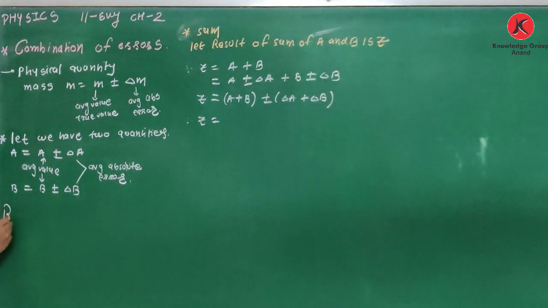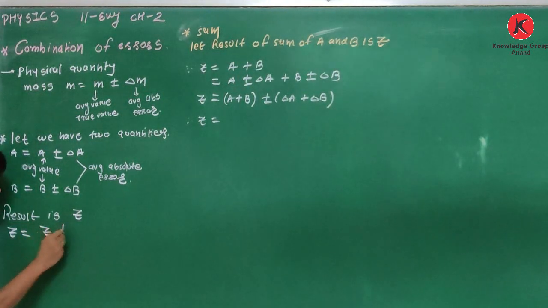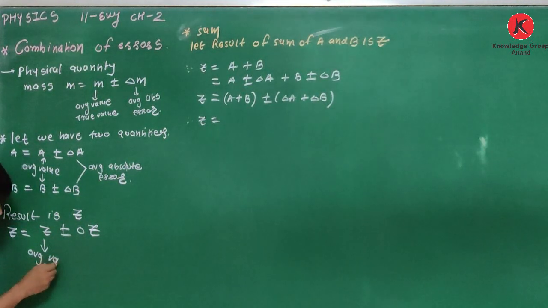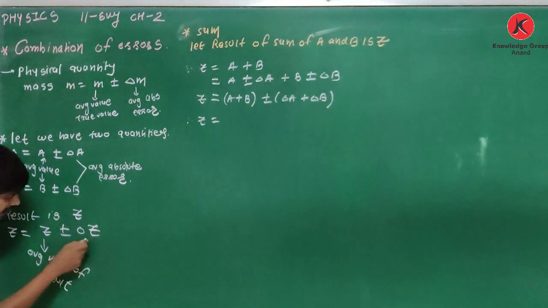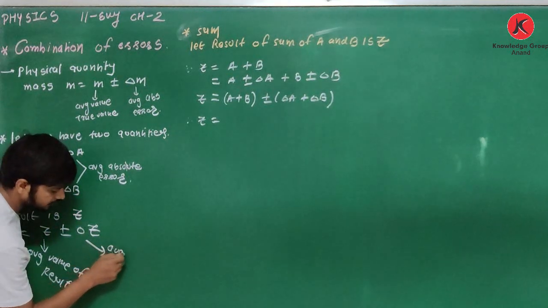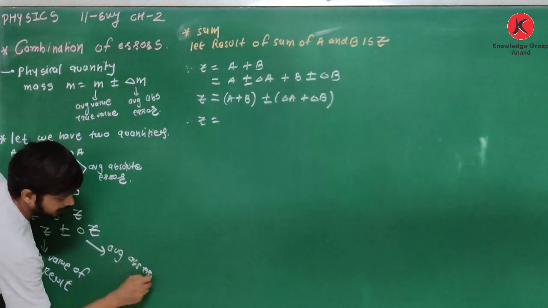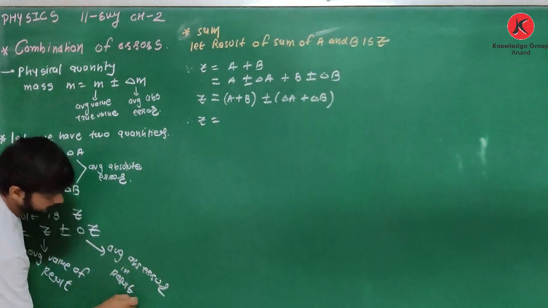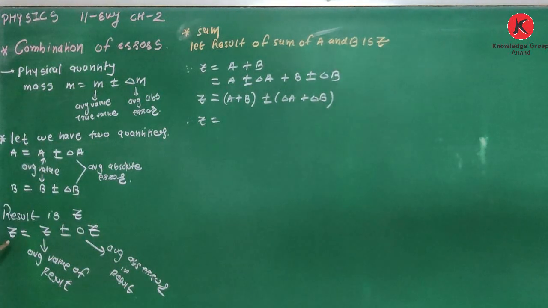If the result is Z, then I can also write Z is equal to Z plus or minus delta Z. Where Z is the average value of the result, while delta Z is the average absolute error in the result.